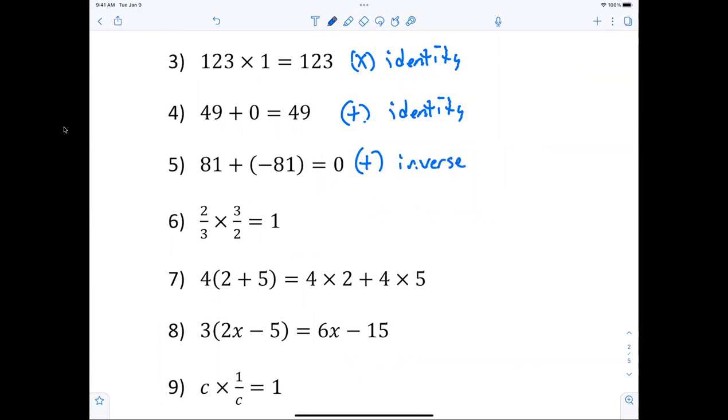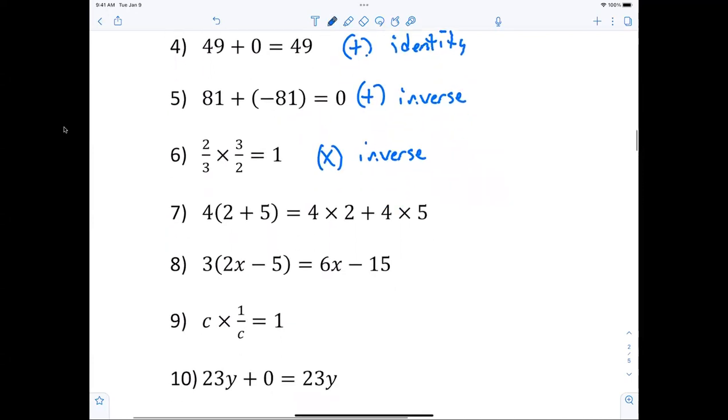Number 6. 2/3 and 3/2 is canceling, so it's a what? Inverse. That's right. Multiplicative inverse. Number 7. That's correct. Very good. Distributive.